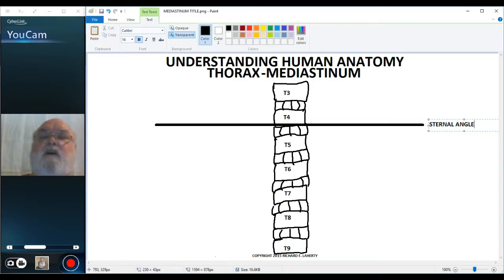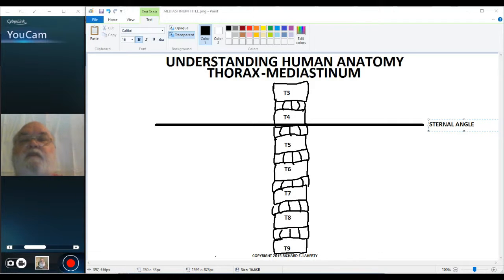And the heart and pericardium defines the middle mediastinum. So the anterior mediastinum is anterior to the pericardium, below the level of T4. The posterior mediastinum is posterior to the pericardium, below the level of T4.